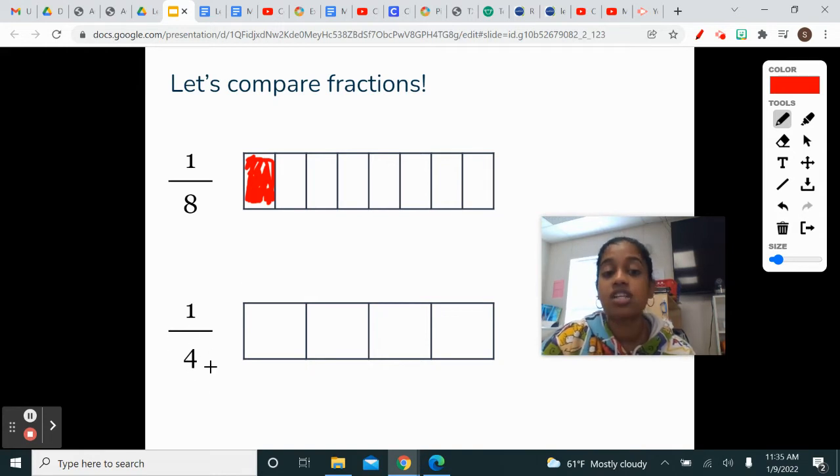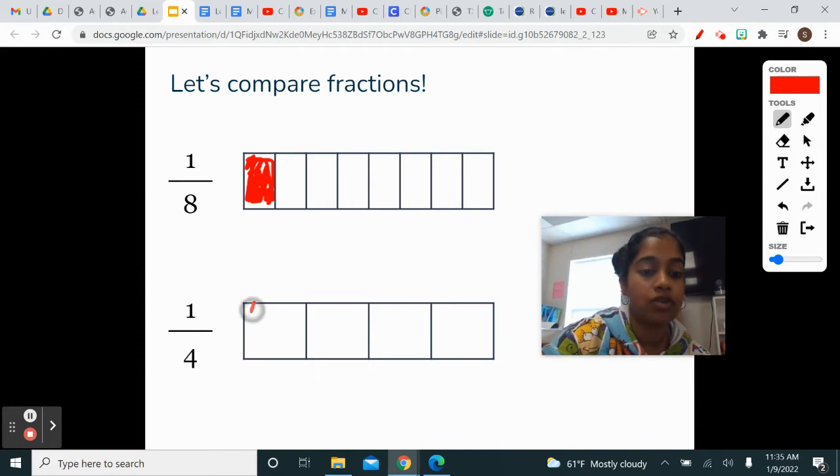Fantastic. All right, so now let's look at our second fraction. The denominator is telling me, okay, I'm going to cut this into 1, 2, 3, 4 pieces, right? So we have 4 pieces right here. Our numerator, which is our number on the top, is telling us how many of those pieces I have. And in this case, I have 1, right? So I have 1 right here. So in both of these examples, our numerator, our number on the top, is the same.